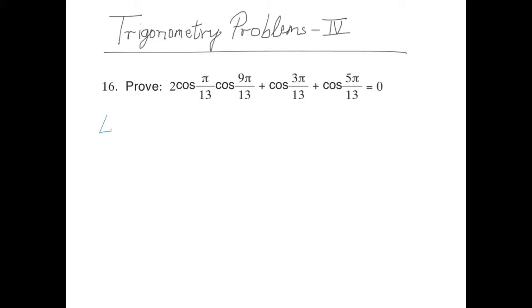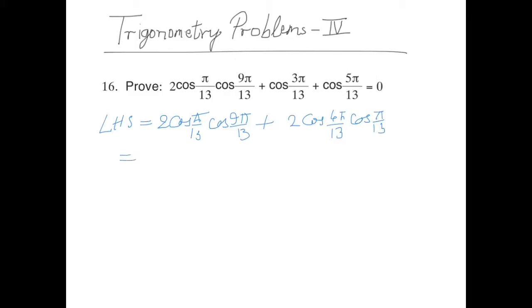So left hand side, LHS, equals 2 times cos pi by 13 cos 9 pi by 13 plus cos a plus cos b, so that becomes 2 times cos (a plus b)/2, which is cos 4 pi by 13, times cos (a minus b)/2, which is cos pi by 13.